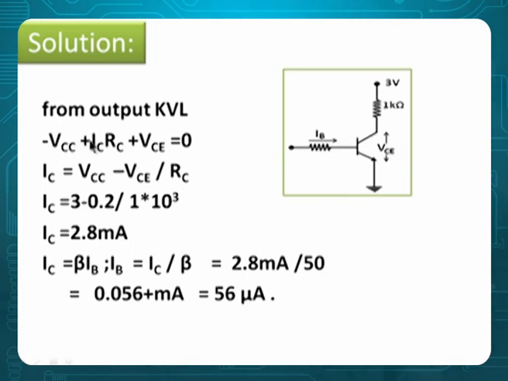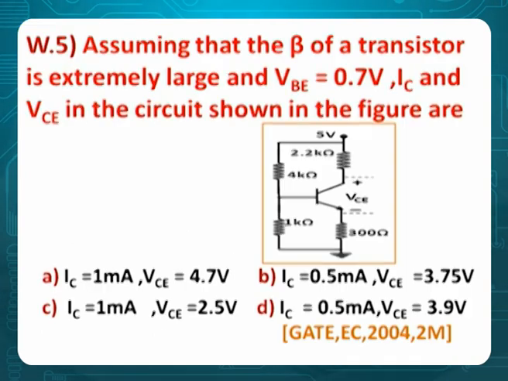You have VCC minus, output I am taking, and I am going to apply from here. If I go in the reverse direction, IC will become 2.8 milli. Therefore, beta times IB is 2.8 by 50. IB is 56 micro here. IB value is 56 microampere here. That's the option that we get for this problem.